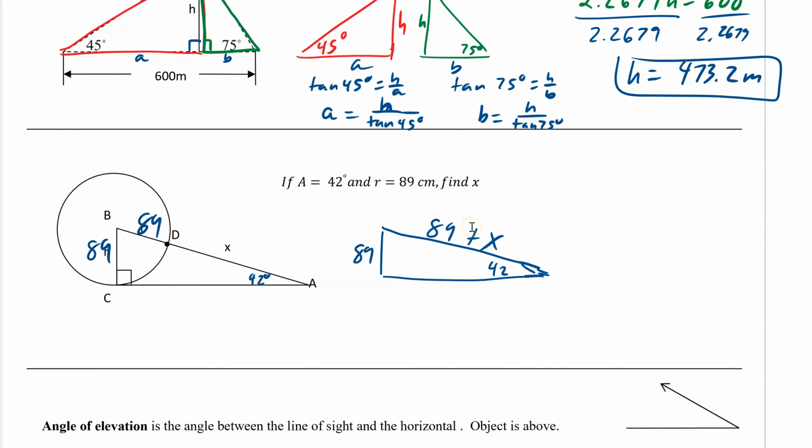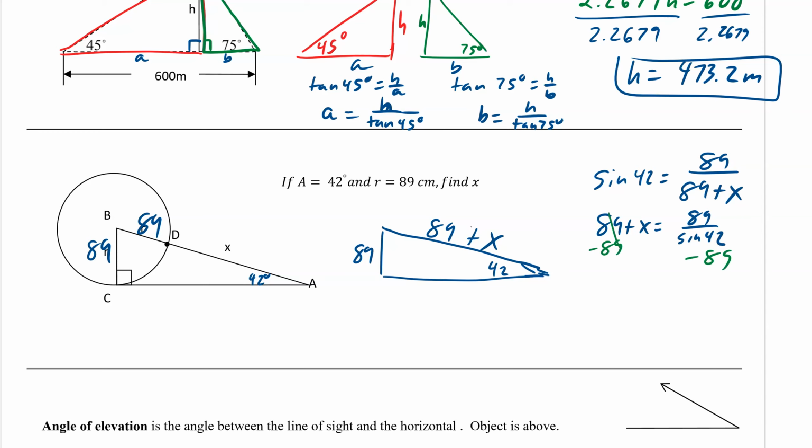So now we can say sine of 42 degrees is the same as 89 over 89 plus x. And then we solve it, so 89 plus x equals 89 over sine of 42. Subtract the 89 over, and x is equal to 89 over sine of 42 minus 89.